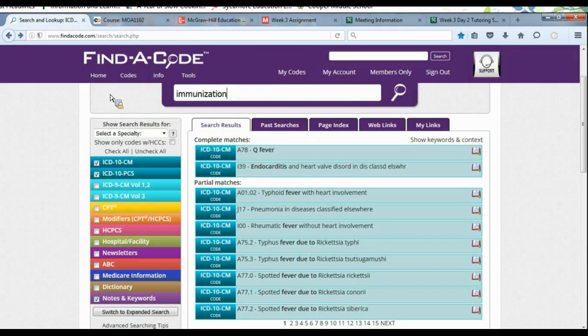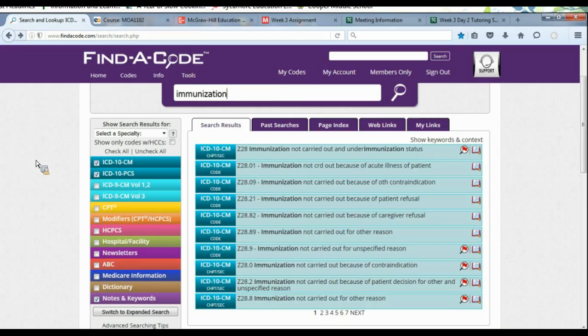Now be careful here because it says immunization not carried out and under immunization status, acute illness of patient. Nope, all this is ruled out because it doesn't specify not carried out because it did occur. They did provide the influenza immunization or influenza vaccination. So all these were not carried out because of something. That's not correct.